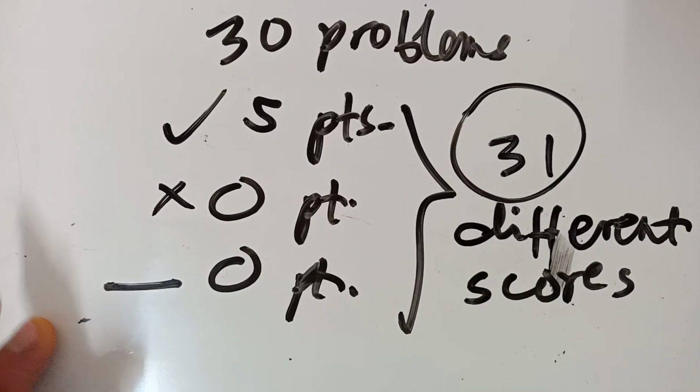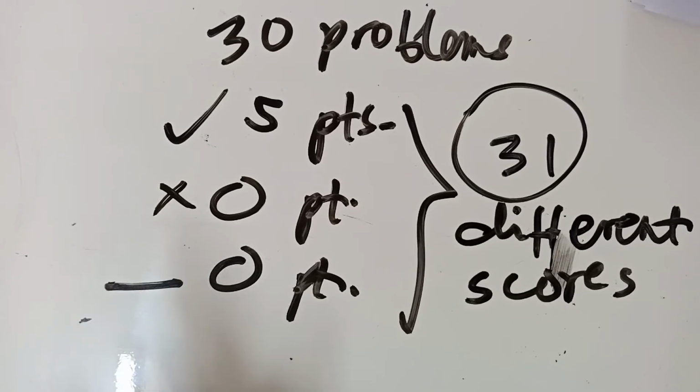So if you have 31 students, the worst case scenario is each of the students has a different score. It could be that one will have a score of 0, one will have 5, one will have 10, one will have 15, and so on up to 150. So with 31 candidates, the worst case scenario is there will also be 31 different scores, so no 2 students will have the same score.